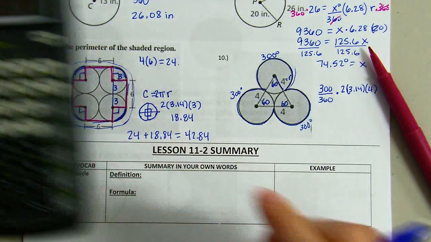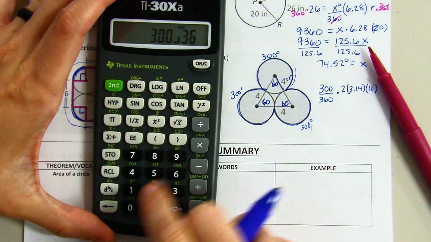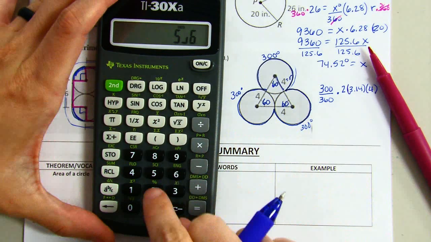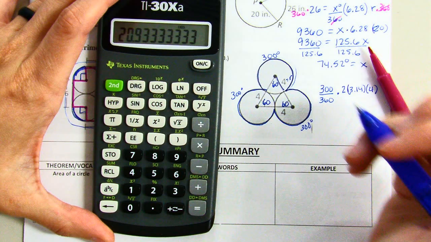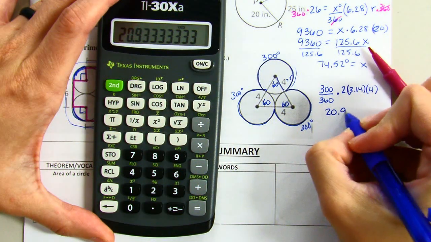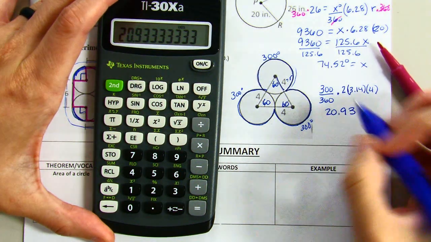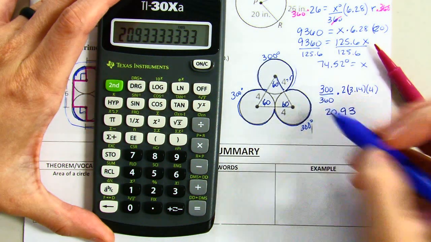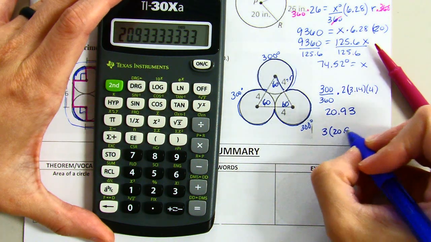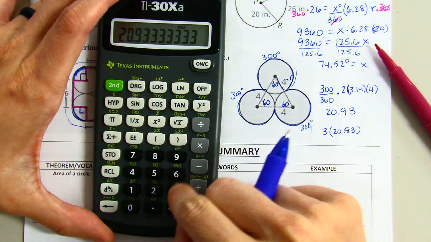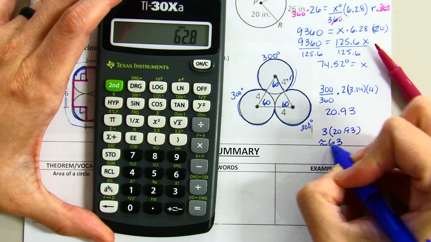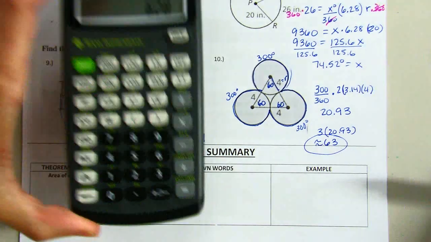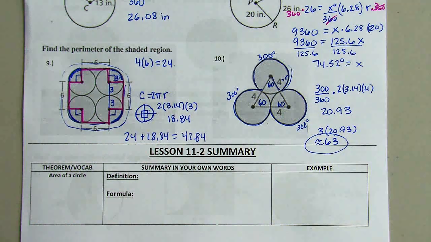So I'm going to multiply all of that together. 300 over 360 times 2 times 3.14 times 4. And I've got 20.93. There's 3 exactly the same as that, so I'm going to multiply my answer times 3. And it rounds to about 63. And we're just rounding on that one. Okay. All right, that is the end of the review for 11.1.